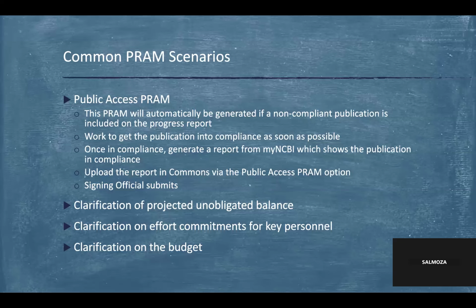So if they're 20% committed and you're charging them at 15.5%, that might still look like 15 because either one is 1.8 calendar months. And so they might think that's too much of a reduction. You put 1.8 when in reality it's 1.84 or whatever. You just have to clarify with them that it's just rounding, they were actually 1.84. And then they'll say, okay, great. Or if they have a question about your budget, whatever the case may be. Those are some of the common PRAM scenarios.